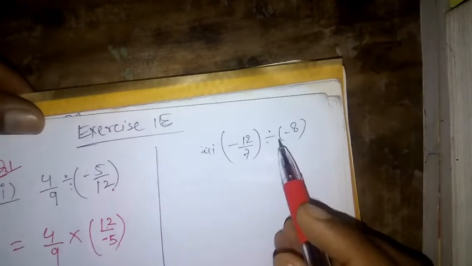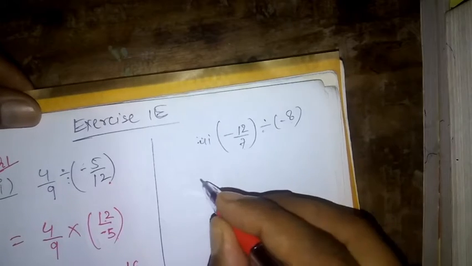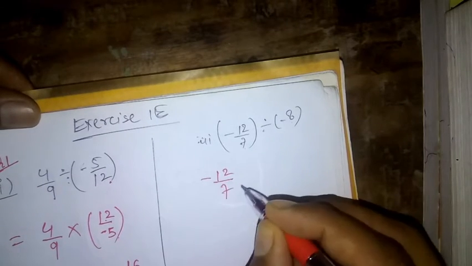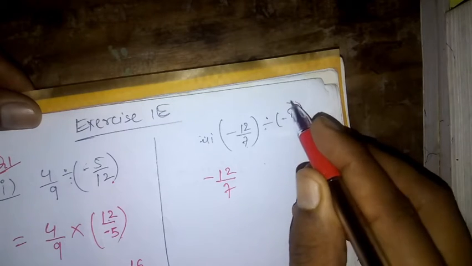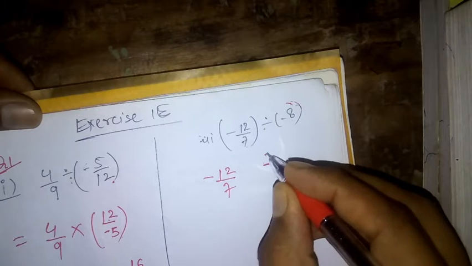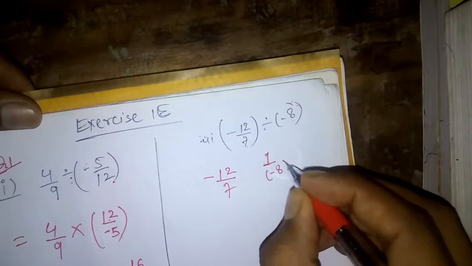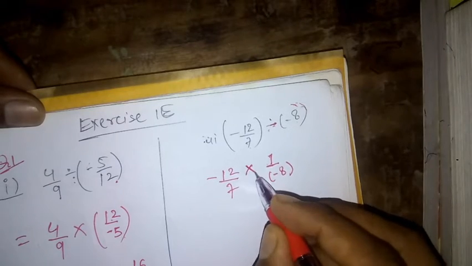Now let's take the second question. Minus 12 by 7 is to be divided by minus 8. So minus 12 by 7, the multiplicative inverse of minus 8 will be 1 upon minus 8. Okay, and this division sign changed to multiplication sign.